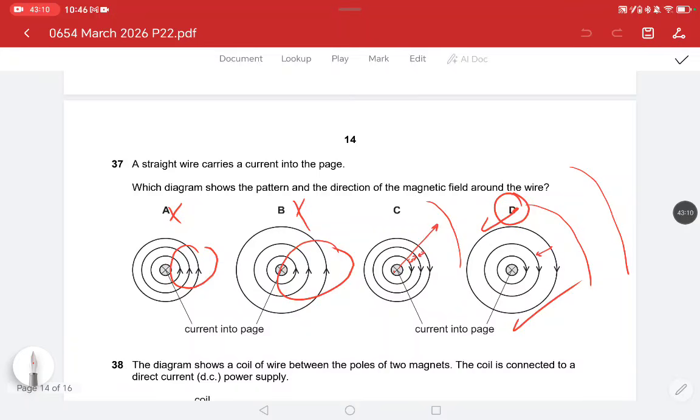If you have the magnetic field from north to south, and they give you the force, you should know the direction of the current. And sometimes they may give you the current and the force, and ask which one is north and which one is south. So it means find the direction of the magnetic field, and since the field goes from north to south, you can know which one is north and which is south.